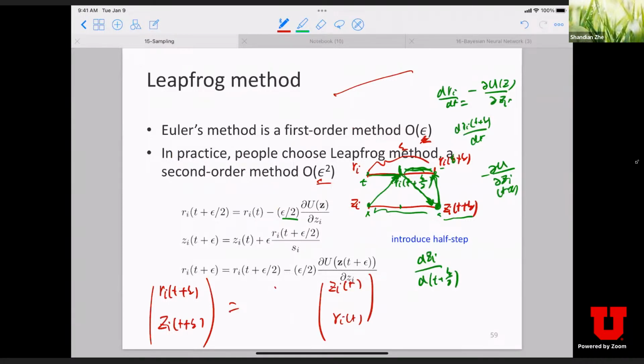It turns out that you can write it down as a matrix A, and the Jacobian essentially is A, because it's just a linear function. The derivative of this with respect to this will be A. You will see that this A can be written as B times C, and both B and C are triangular matrices. So that means the determinant must be 1.